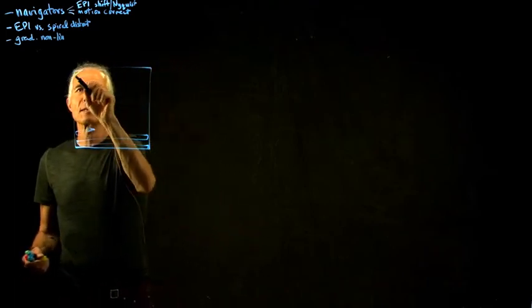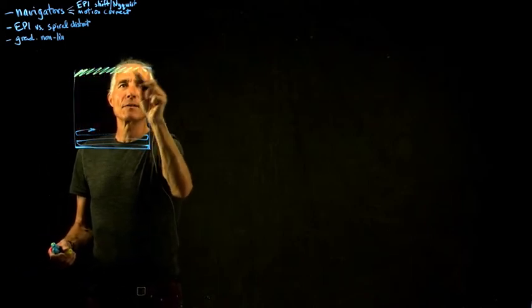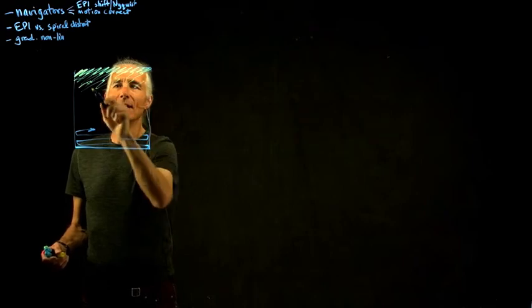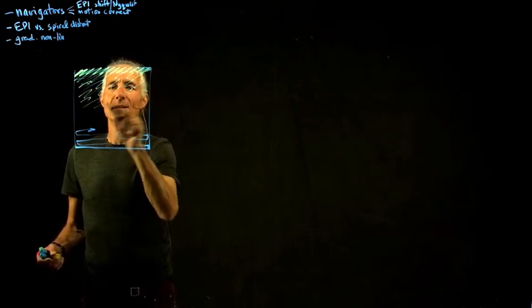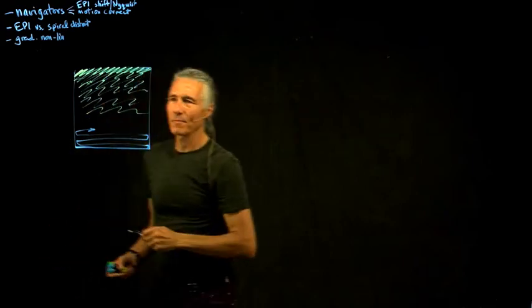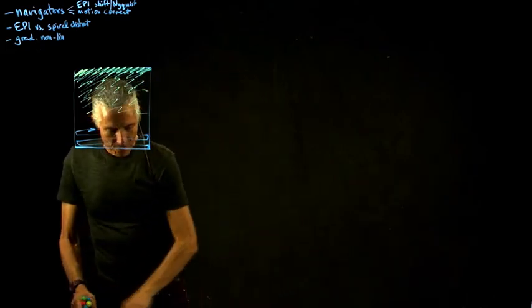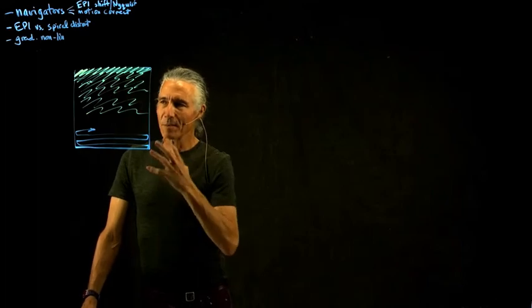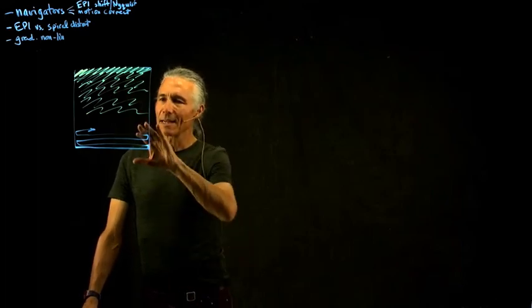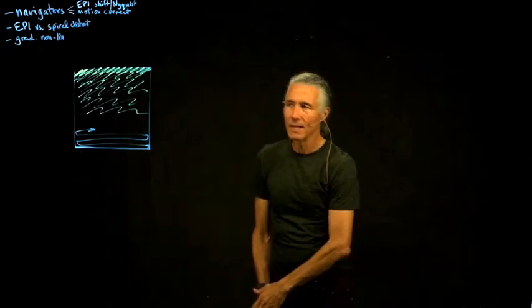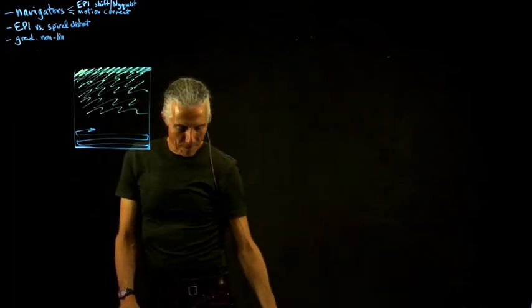So what's going to happen is there'll be a lot of error up here, and a little bit less down here, and a little bit less down here, a little bit less down here, like that. So the error across k-space is not constant. So that's a problem.